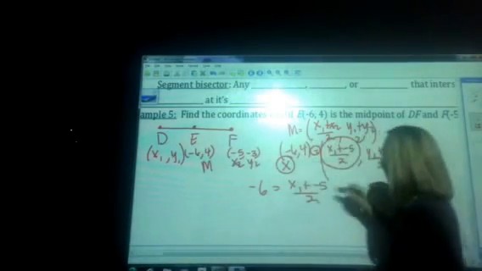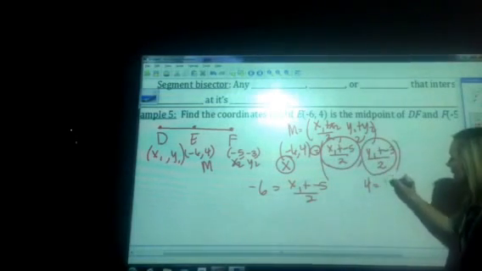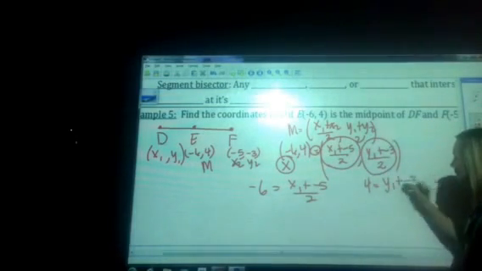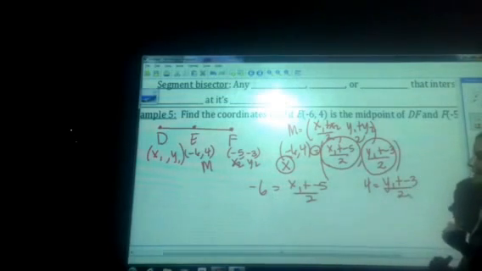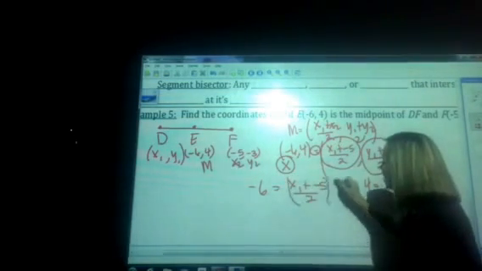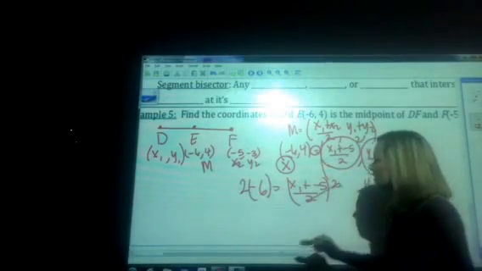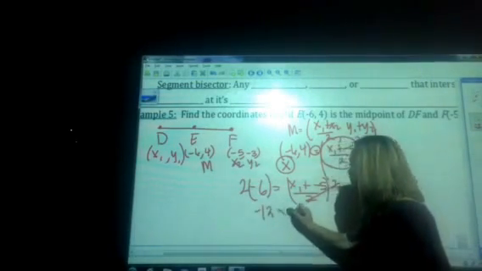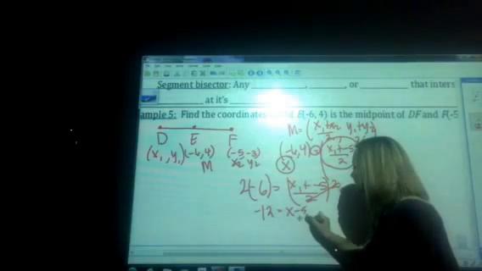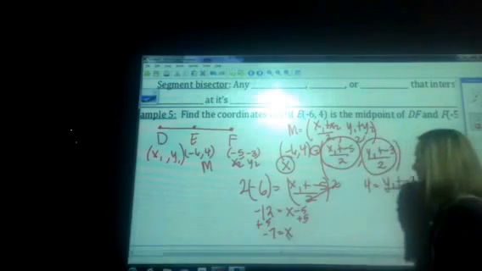Same thing for my y. 4 is equal to the y value of my endpoint, y1 plus negative 3 divided by 2, okay? So the first thing I'm going to do algebraically to solve is multiply both sides by 2, all right, to get rid of the dividing by 2 over here. I have negative 12 is equal to x minus 5, plus 5, negative 7 is equal to x.